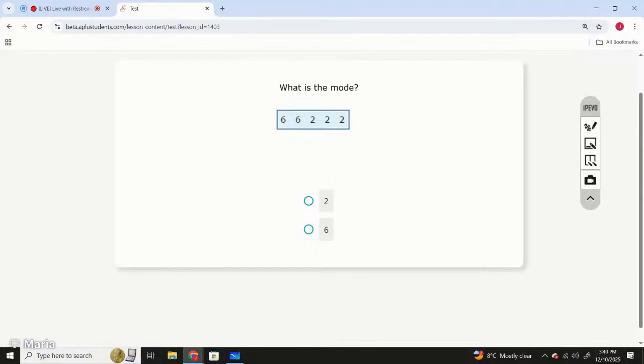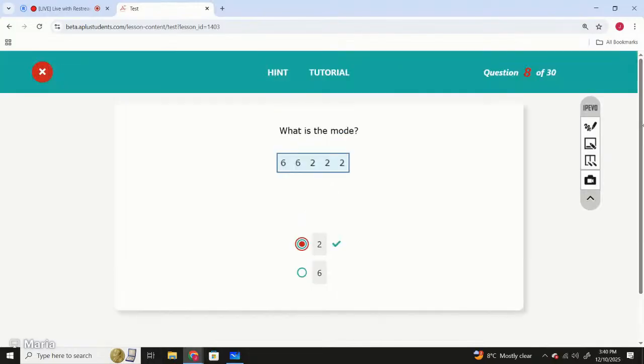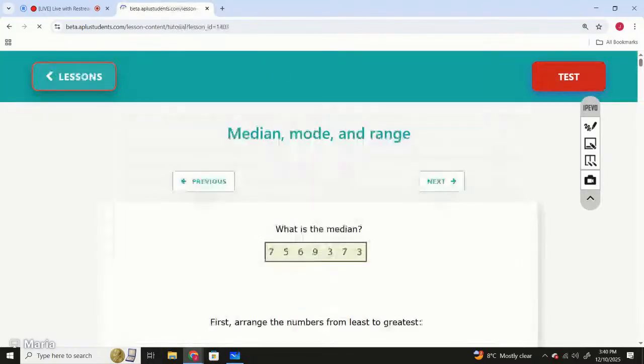What is the mode? Which is the correct option? Mode is 2. 2 is the number that appears the most of the time. Okay, you can complete the lesson by yourself later today.